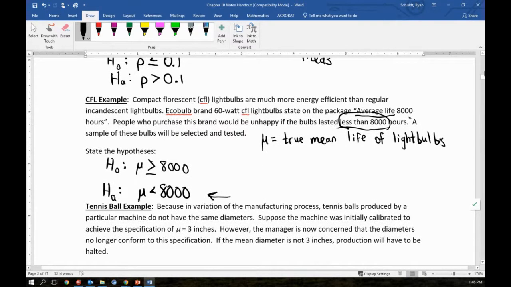Okay, next one. Because of variation in the manufacturing process, tennis balls produced by a particular machine do not have the same diameters. Suppose the machine was initially calibrated to achieve the specification of mu equals 3 inches. However, the manager is now concerned that the diameters no longer conform to this specification. If the mean diameter is not 3 inches, production will have to be halted.